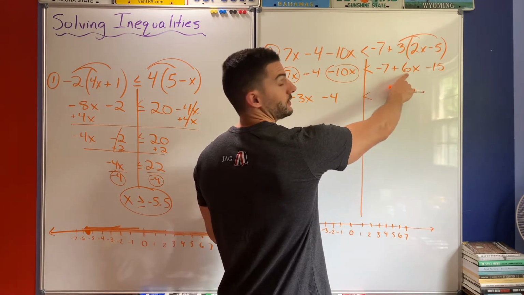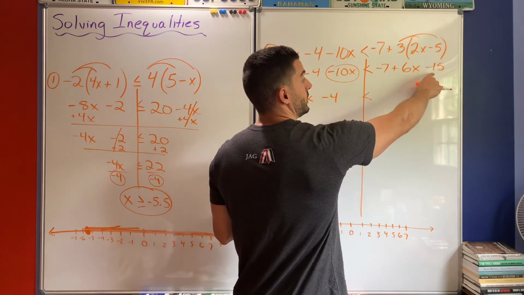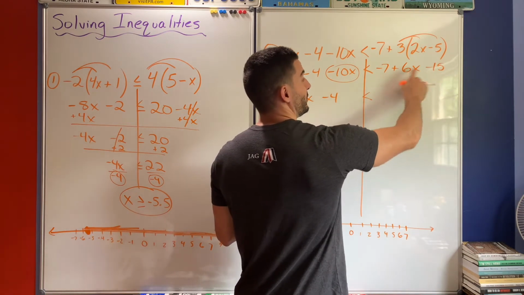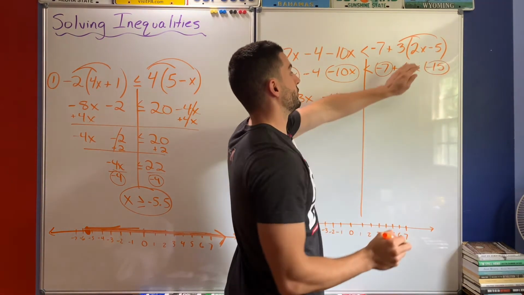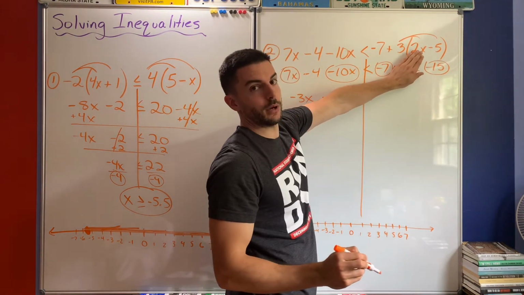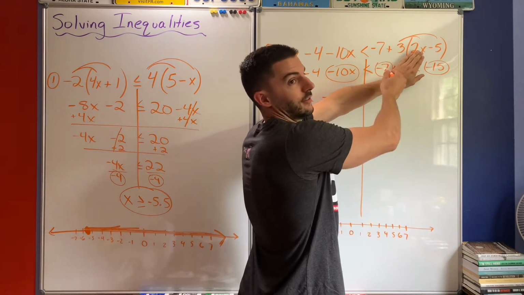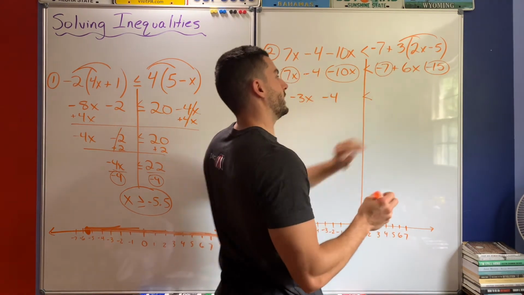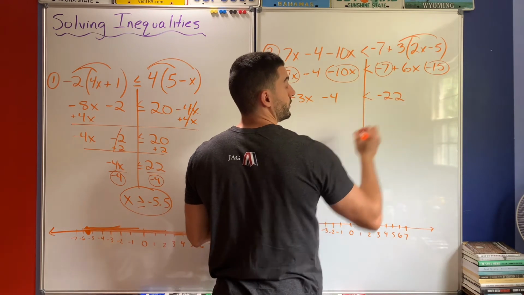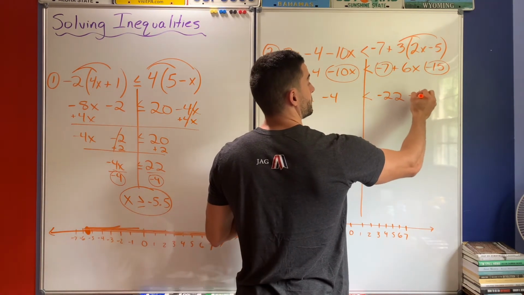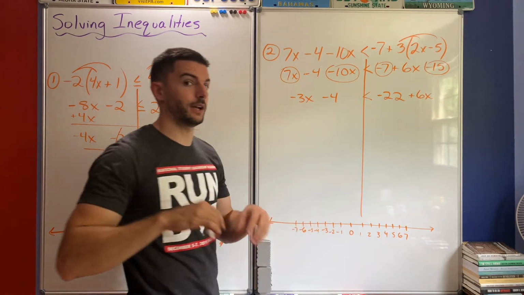And then here on the right, again, it remains less than, but again, I have this negative 7, I have 6x, and I have negative 15. So only one term has an x, but 2 of them don't. So those 2 that don't are like terms, okay? So I can kind of ignore that positive 6x, and I have negative 7 minus 15. So negative 7 minus 15 would be negative 22, but then that plus 6x comes down. Okay, so I didn't cancel anything.